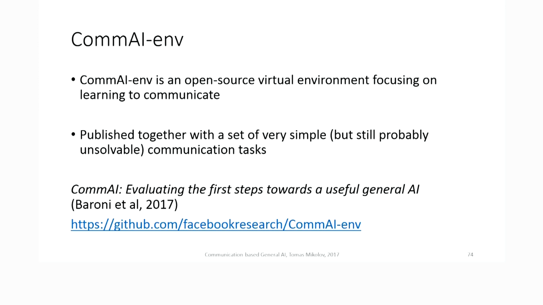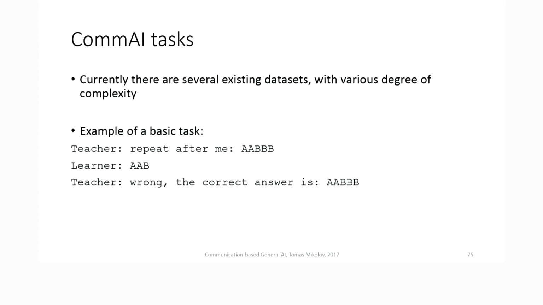We just developed a data set, which is this simple simulated environment. It's called CommAI, communication-based AI, and the environment is open sourced on GitHub, so people can use it easily. It's published together with several data sets of this communication-style learning, where it's very simple, like just being able to repeat, for example, some sequence of symbols.